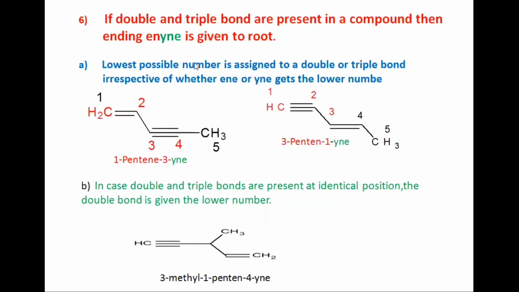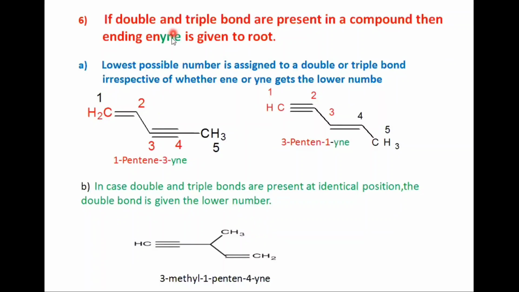So the 6th important point we should keep in mind while assigning the IUPAC name: if a double and a triple bond are present in a compound, then the ending "-en-yne" is given to the root. For example, if we have a double and a triple bond, then the ending "-en-yne" is given to the root.